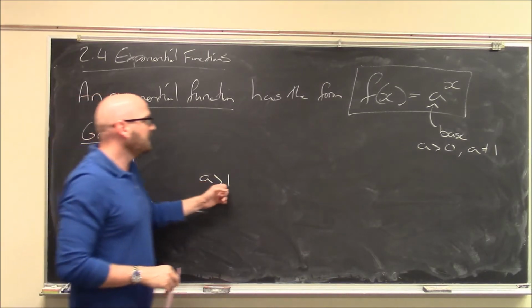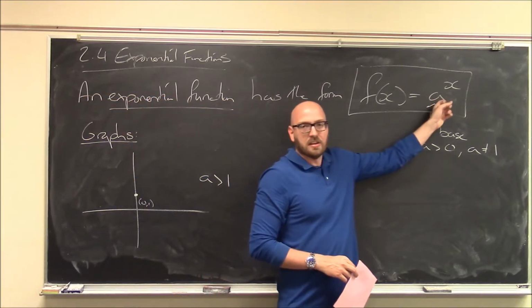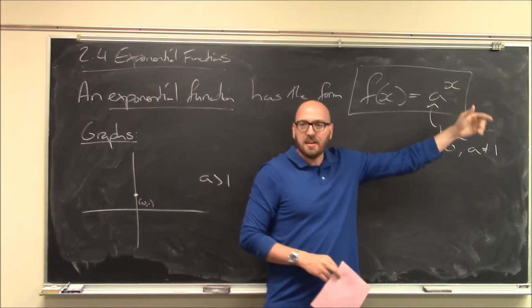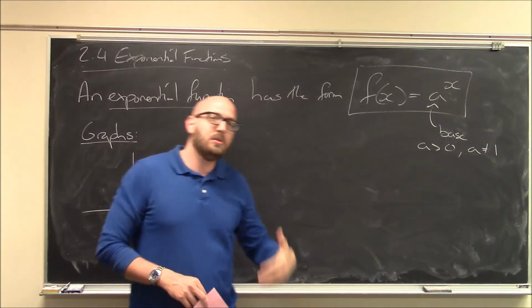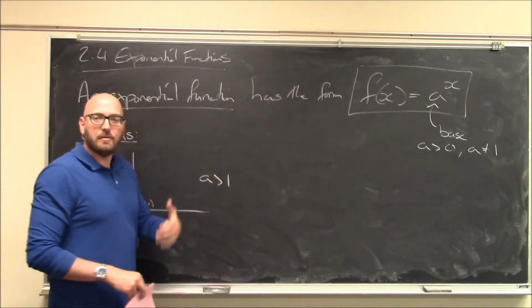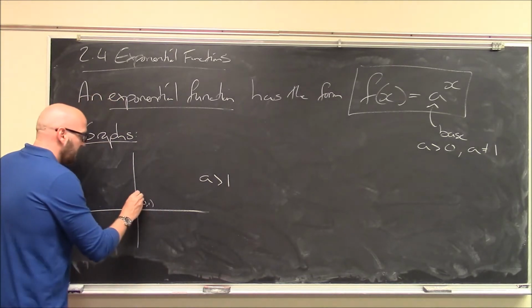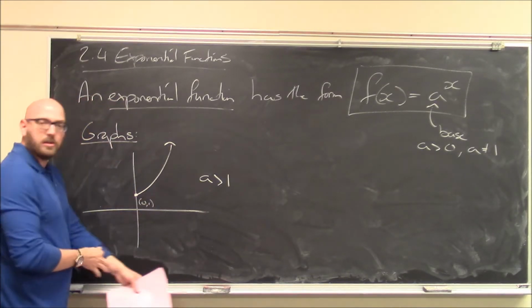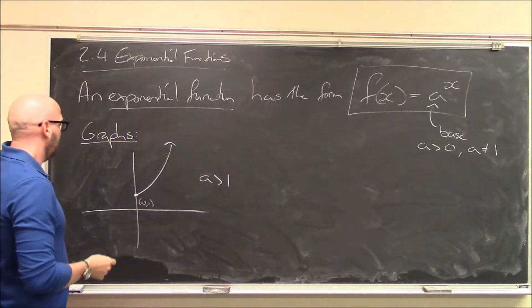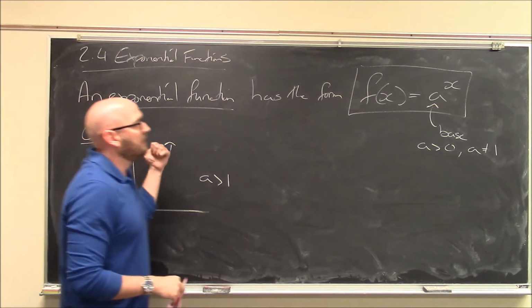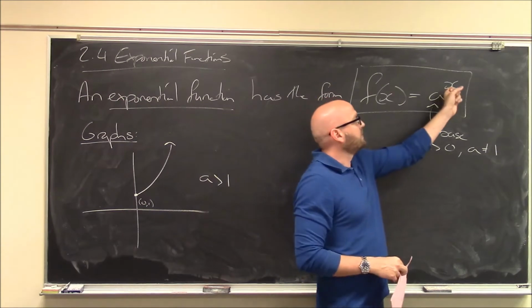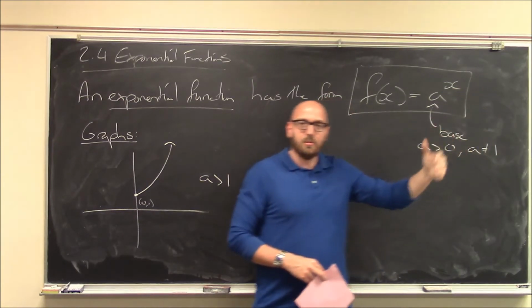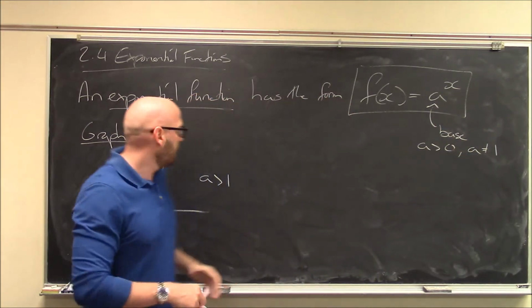And as x gets bigger, pretend a is like 2 or something, 2 to the x, as x gets bigger, 2 squared, 2 cubed, 2 to the 4th, 2 to the million, that starts to get very, very big, right? So as x gets bigger, this function blows up. It becomes large very quickly. And as x goes in the opposite direction, as it becomes negative, a to a negative number means 1 over a to that power, right?